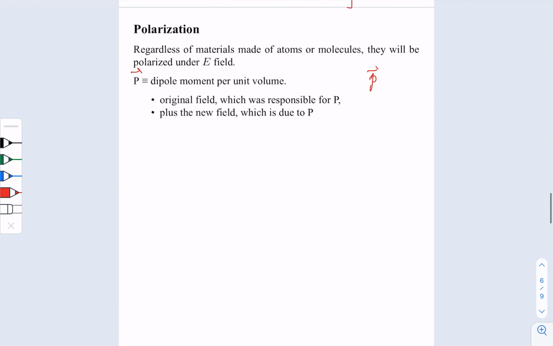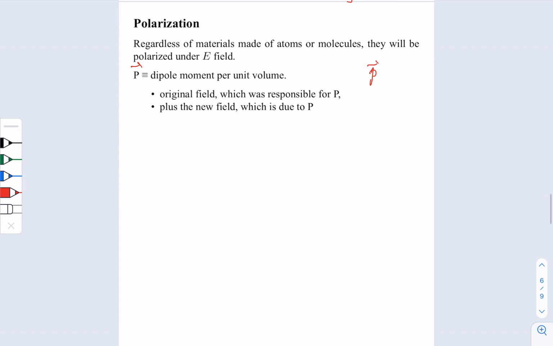So earlier in the first session, we discussed that regardless of the external E field, there will be a polarized field.